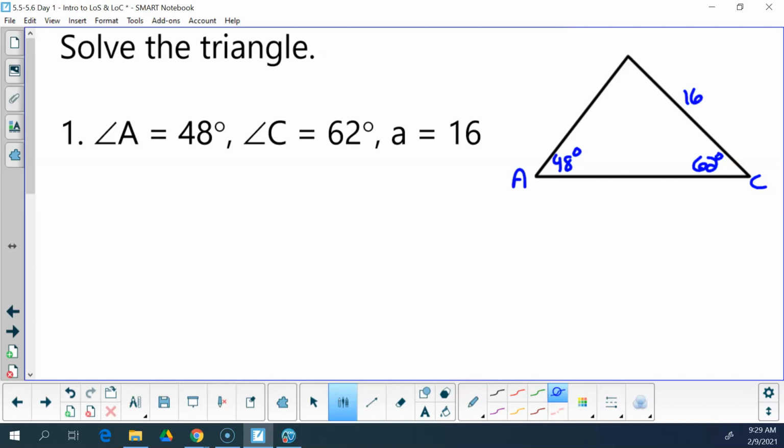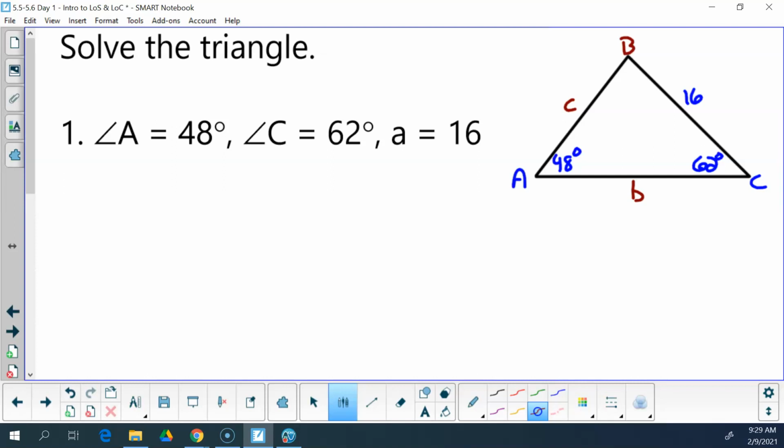So we'd have some kind of a setup with our triangle like that. Again, it doesn't matter which angles you have as long as you have 48 degrees opposite of side 16. The things that we need to find are angle B, side C, and side B.